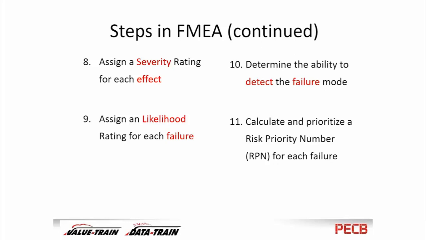If something can fail and we don't know that it failed, that's a lot different than having it fail and it's quite obvious that it failed. And once we've done those things, we can calculate a single number that summarizes all of that into how risky is this system that I just looked at.